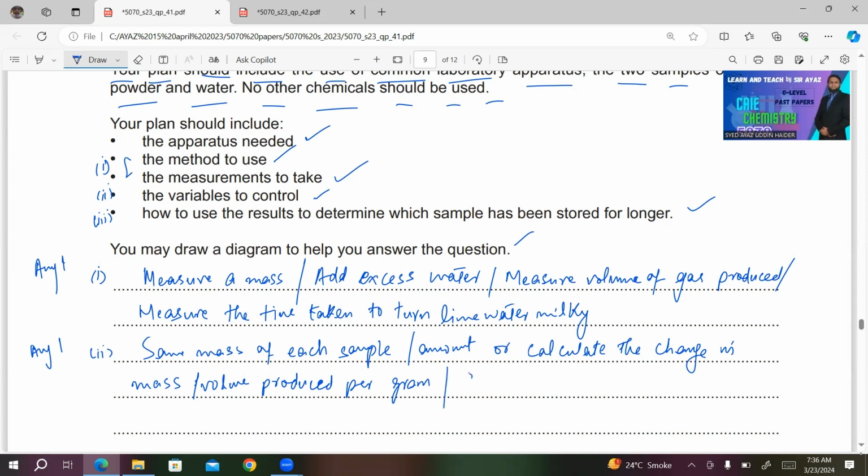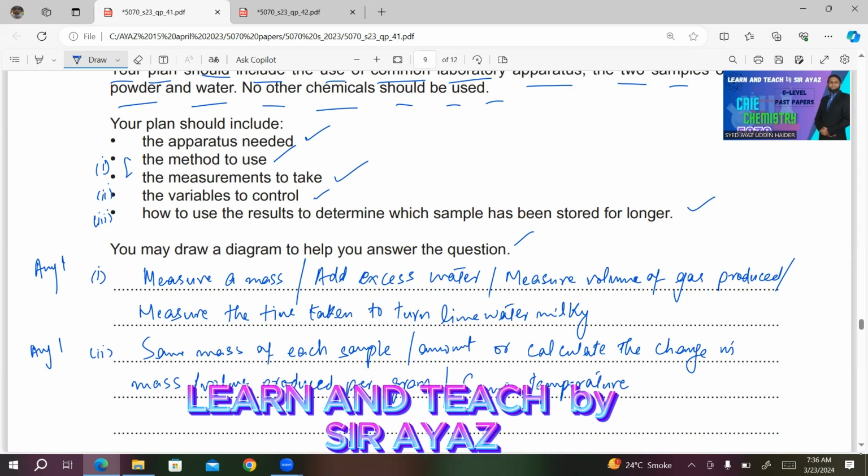Or you can have same temperature. This will be carried out at same temperature. There won't be any variation in the temperature.